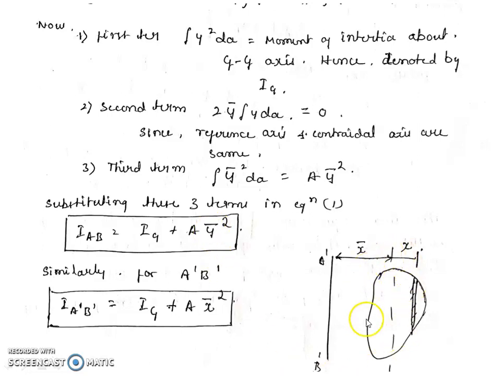If I take the moment of inertia with respect to the vertical axis, then the equation becomes IAB is equal to IG plus the area multiplied by the perpendicular distance squared, which in this case is x bar square. Hence it is proved.